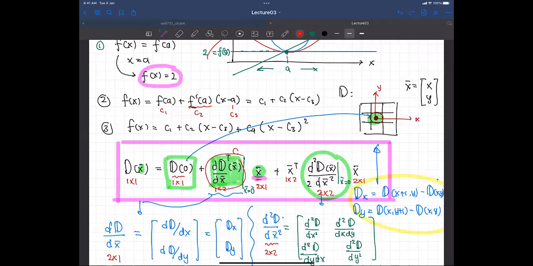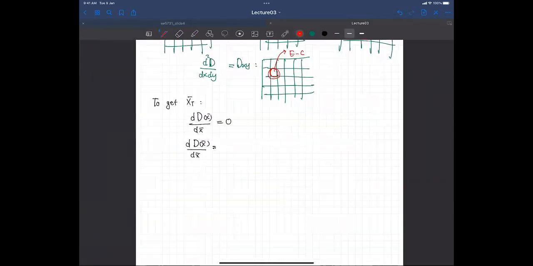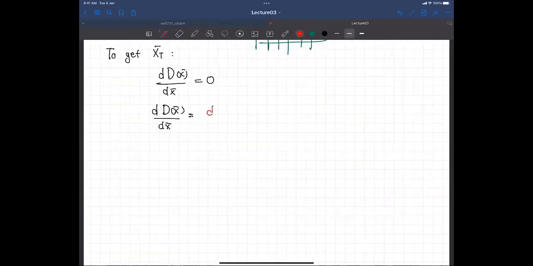And then you do the derivative with respect to x bar, so the constant will be the output. So if you do the derivative of the second term, you will have dx bar when x equals 0.